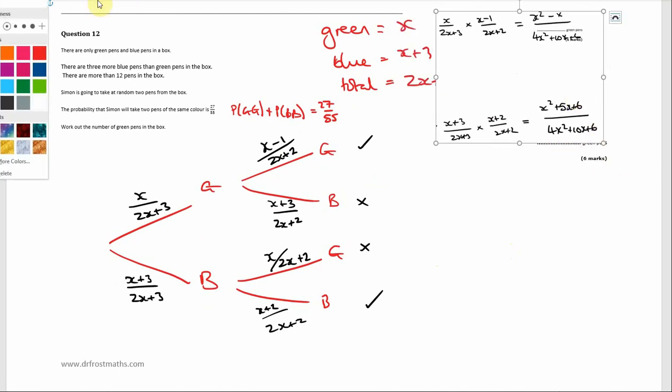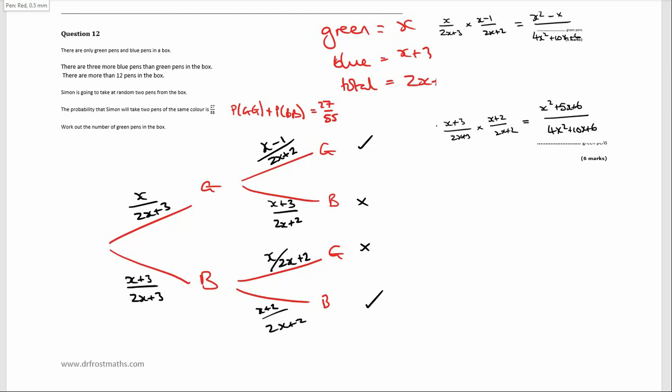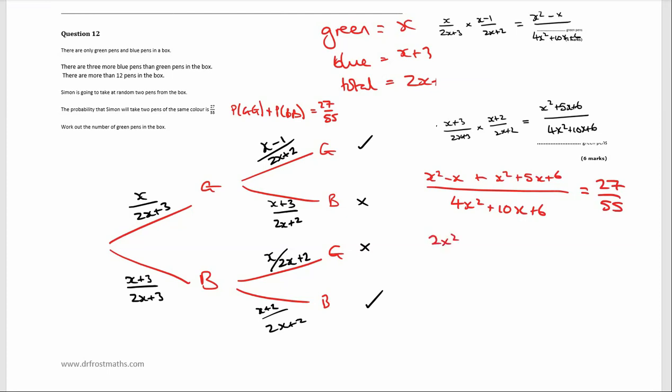So they're my two things that I need to add together for this. I'm going to go into red now. So x squared minus x plus x squared plus 5x plus 6 all over, I've skipped that step of joining the denominators, and that equals 27 over 55. Let's clean up this top line. We'll have 2x squared plus 4x plus 6.